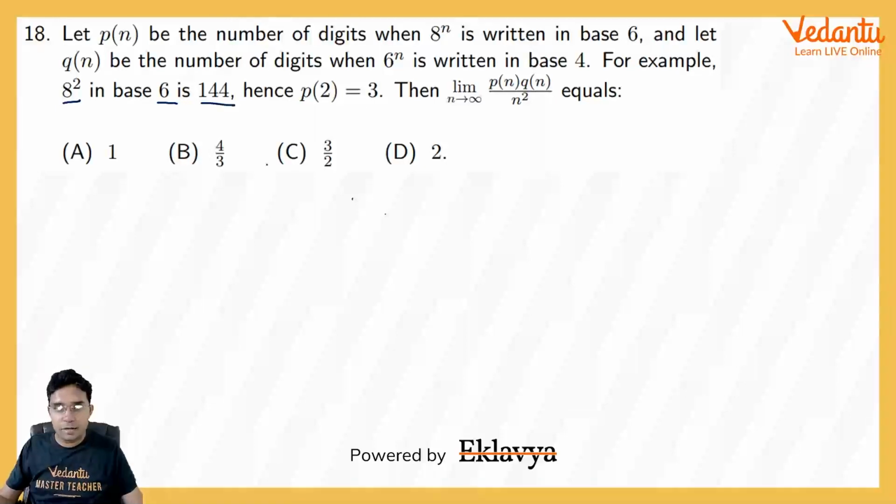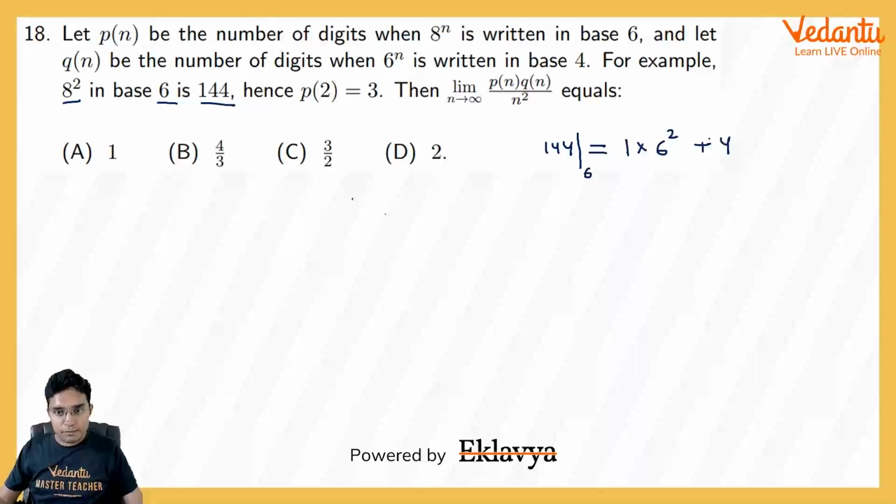Please listen carefully. Why are we saying 144 in the base 6 is equal to 8 square? Just like in the decimal system, if 144 is in base 6, its meaning should be that the 1, which is at the hundreds place, will not be multiplied with 10 square, it will rather be multiplied with 6 square.